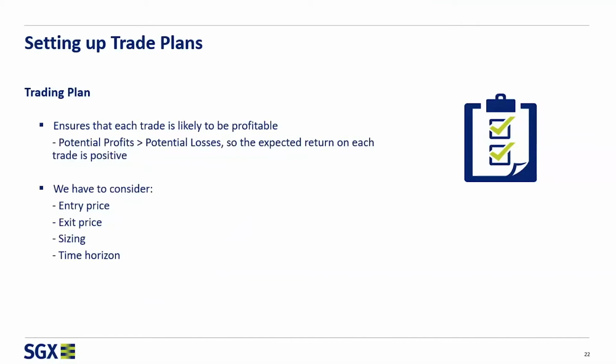Over the years, I have clients coming to me and saying, hey, I think I can make a bit from trading this stock. And I'll ask back, what if it doesn't go up like you think it would? And then he says, oh, so I'll lose. And I'll say, so how much can you afford to lose?